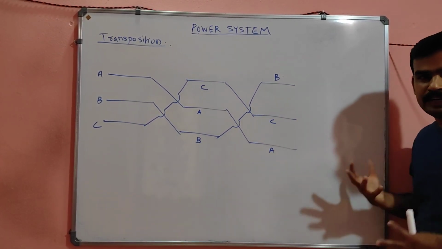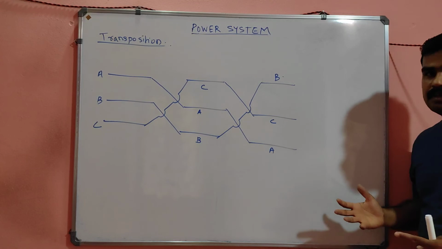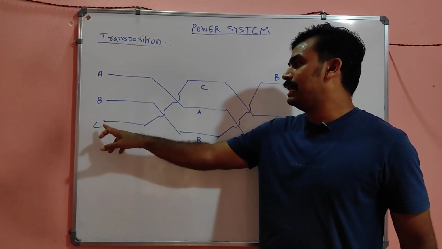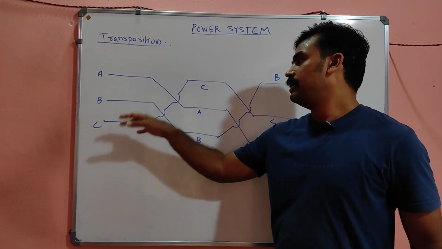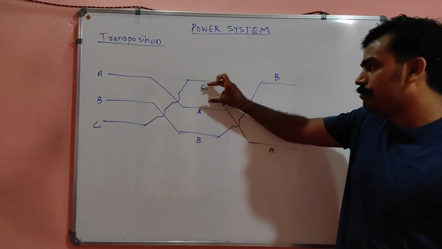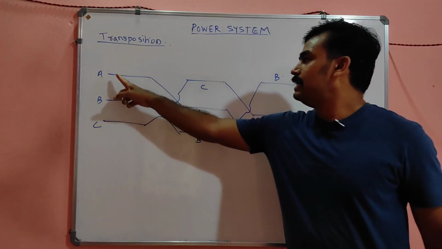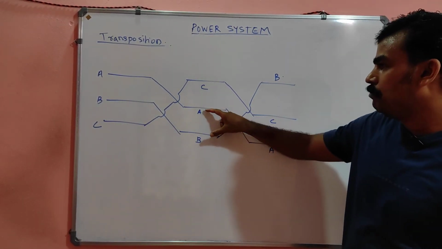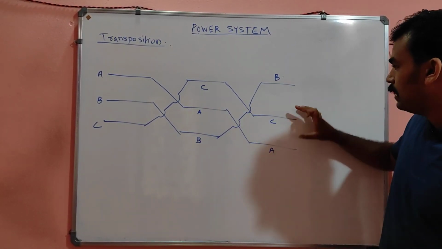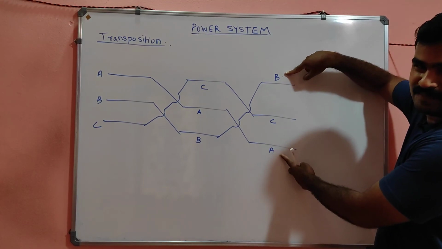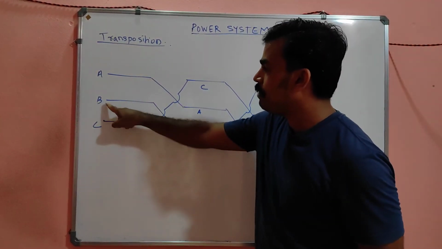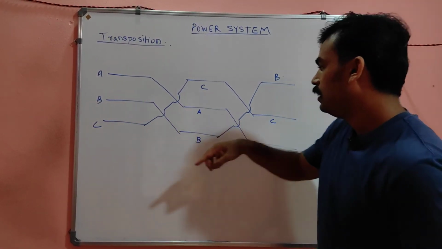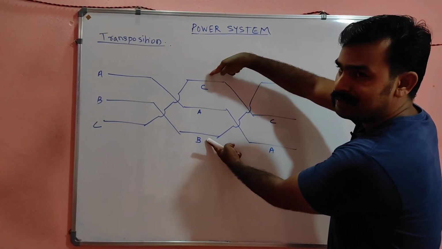So what is the use of this? Suppose here A and C are unsymmetrical, now it is corrected here, A and C become symmetrical. Here A and B may be symmetrically spaced, but here A and B may be unsymmetrical. Here B and C may be equally spaced, symmetrical. Here B and C may be unsymmetrical.